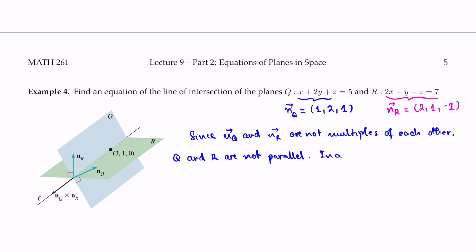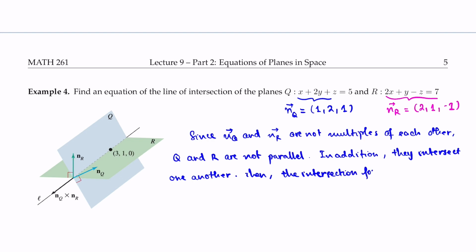In addition, they intersect one another. Then the intersection forms a line. And this line is what we are looking for.